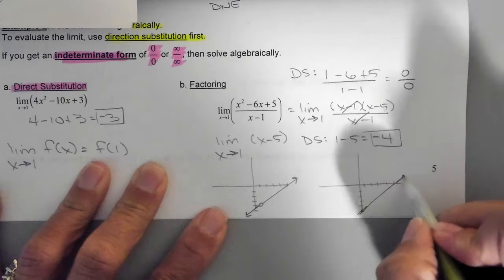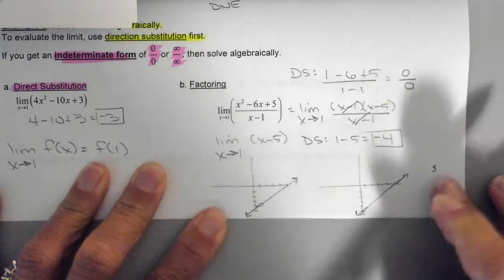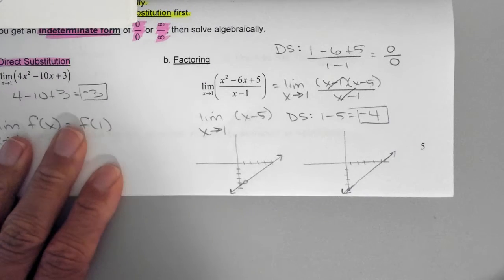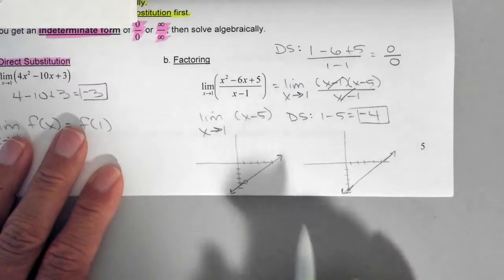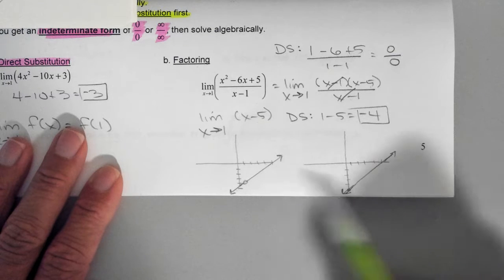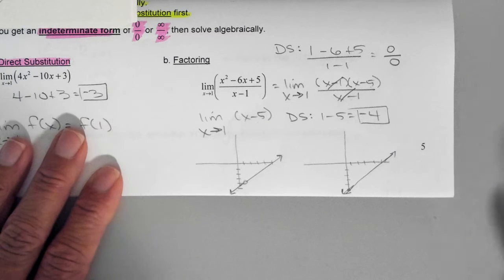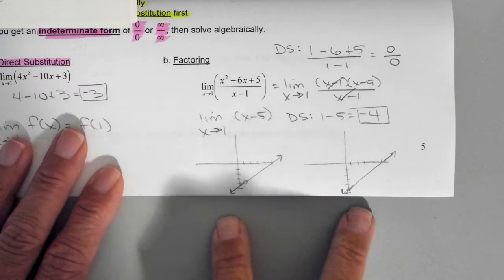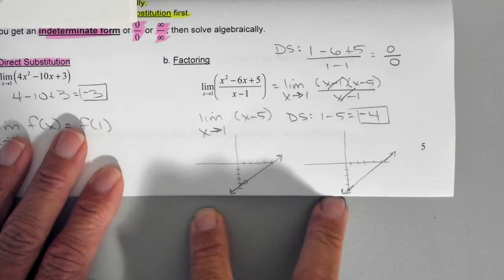So this is approximately what the graph looks like. Don't they look the same? Only difference, what, the hole? But in this case, I don't really care about that. What I care about is the limit. Isn't the limit the same for both of these as x approaches 1? Yeah. You don't have to draw the graph, but this is just to show you. This is what happens when you cancel out the hole.